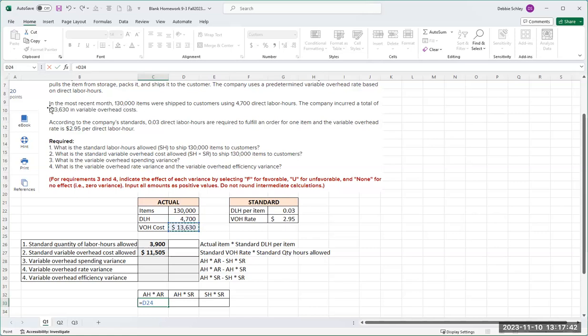This 13,630 in variable overhead cost, they just gave it to me in a total, so I don't need to multiply anything. And sometimes that happens in this first column. So keep an eye on that.